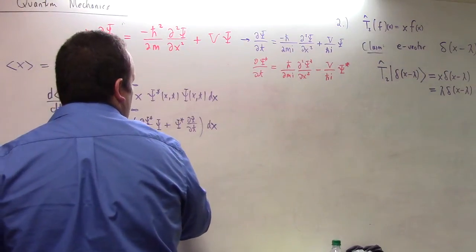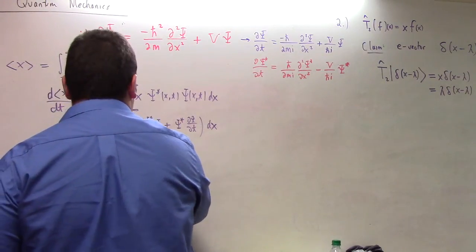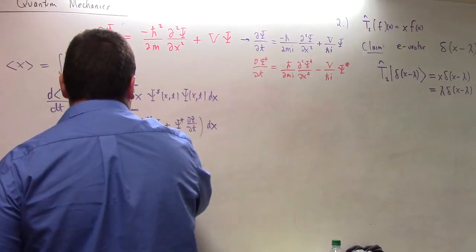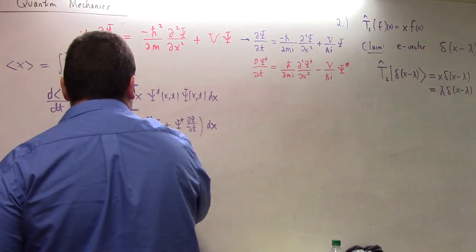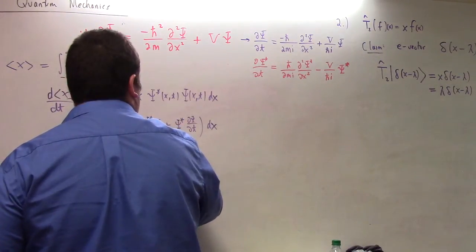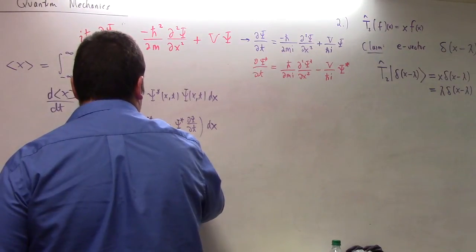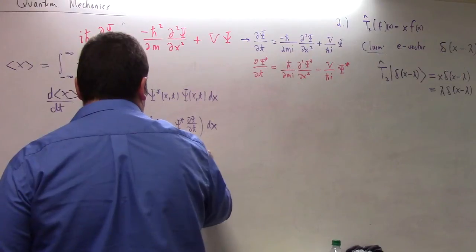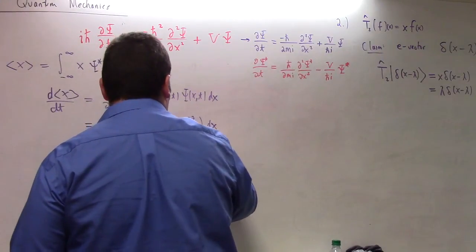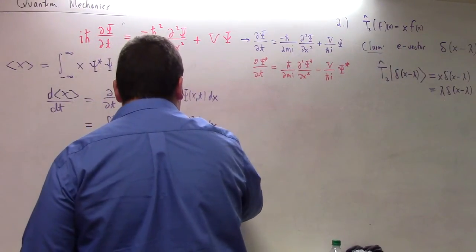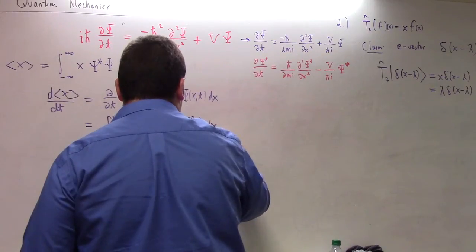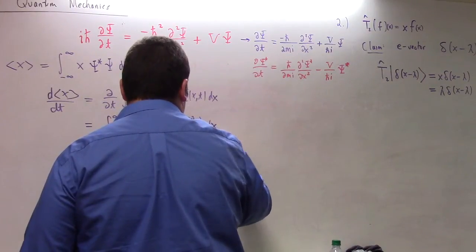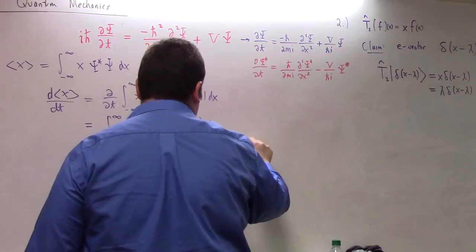Let's see here. I'll write the h bar. H bar over 2mi. And then that's partial squared psi star partial x squared psi minus psi star partial squared psi partial x squared dx.